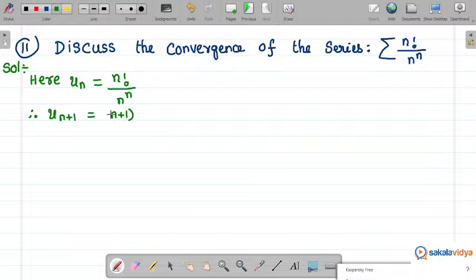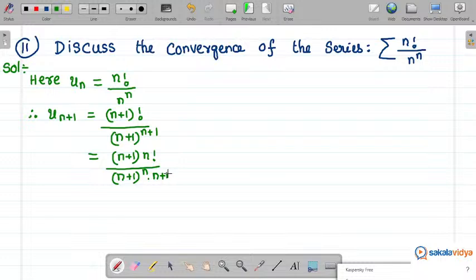So n plus 1 factorial divided by n plus 1 whole to the power of n plus 1. This n plus 1 factorial we can write as n plus 1 into n factorial. We can simplify here only, no problem. This n plus 1 whole to the power of n plus 1, for our convenience, we can write as n plus 1 whole to the power of n into n plus 1.